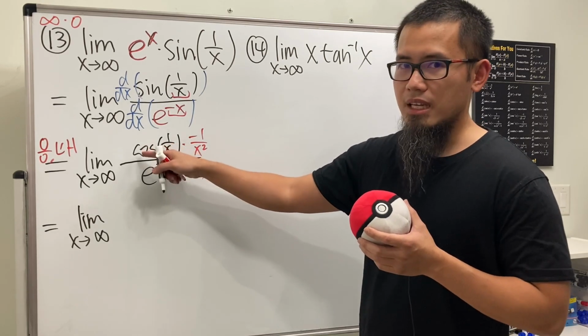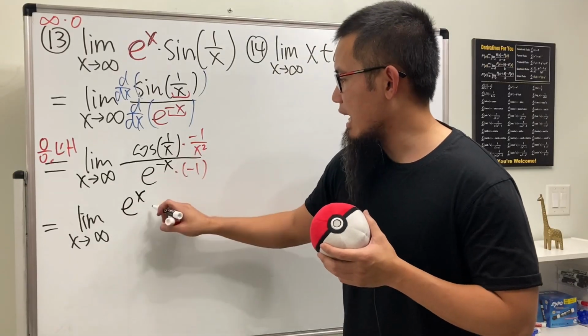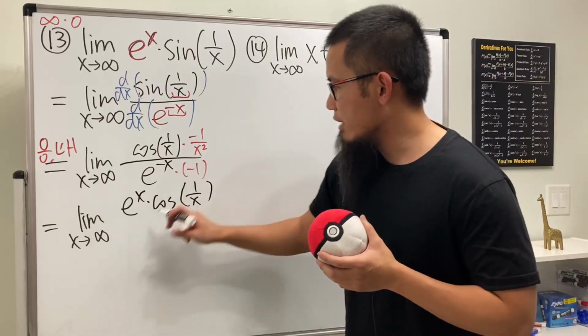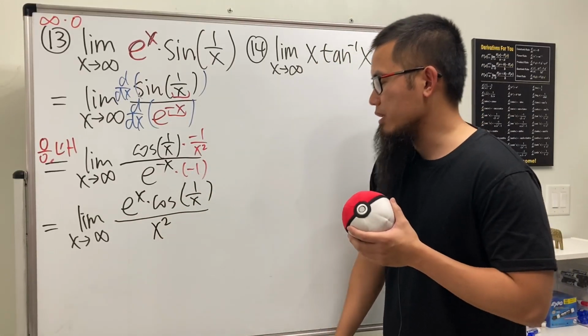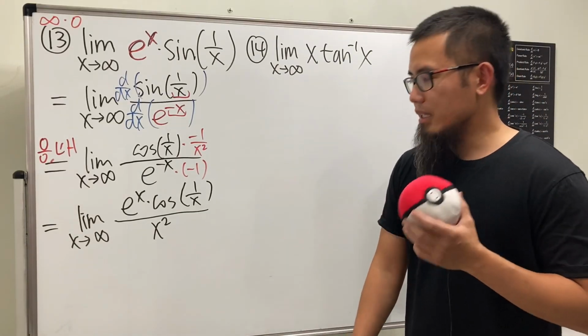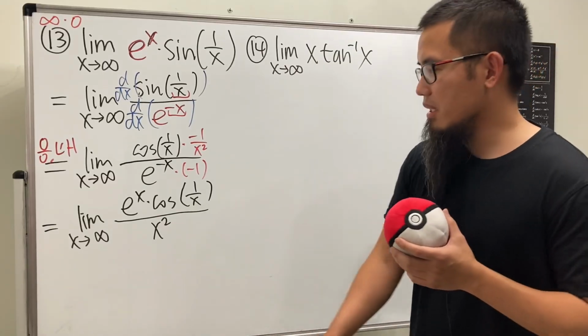And I can put this on the top. So let's see. Here we get e to the x and then times cosine of 1 over x. All right? And then over x squared. And then the negatives cancel out already. So that's what we have. What's this? Let me tell you, the answer is actually infinity. And here is how we can do it.